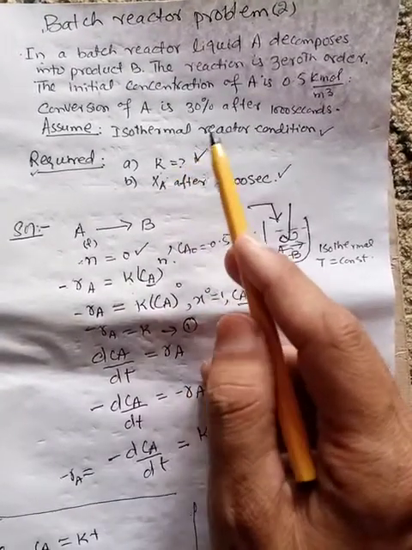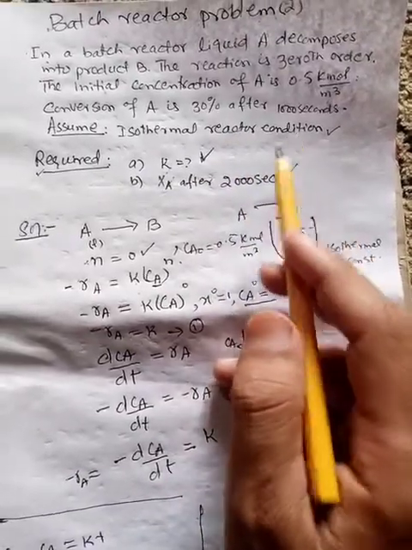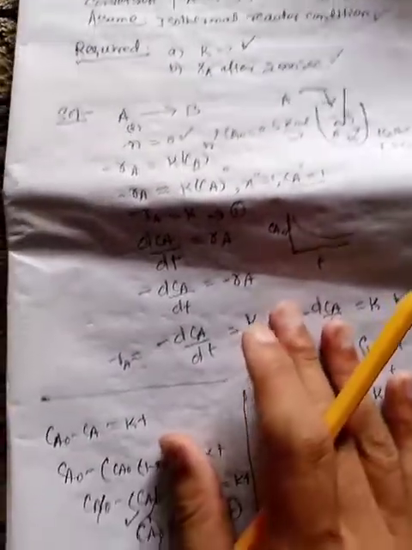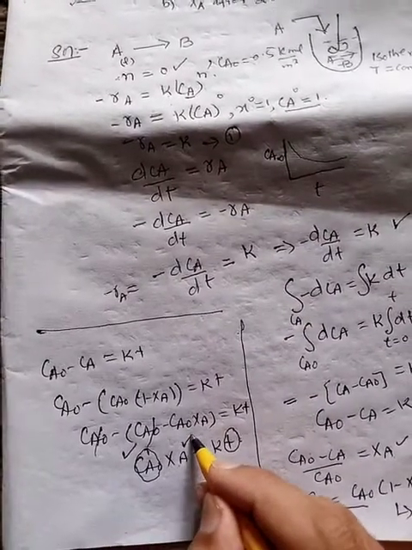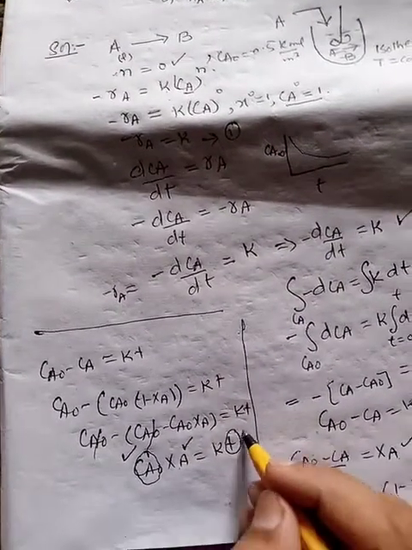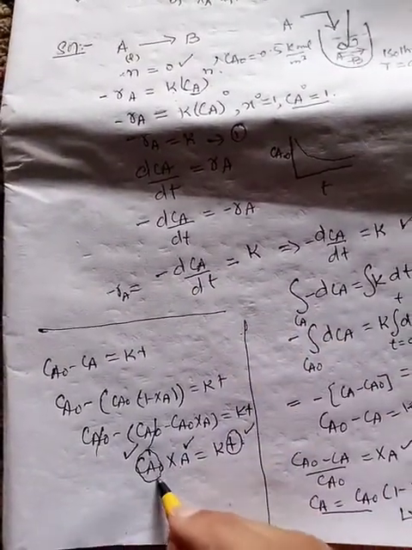The conversion of A is 30% after 1000 seconds. So the conversion of A is given, 30%, the time is also given, 1000 seconds, and the concentration is also given.